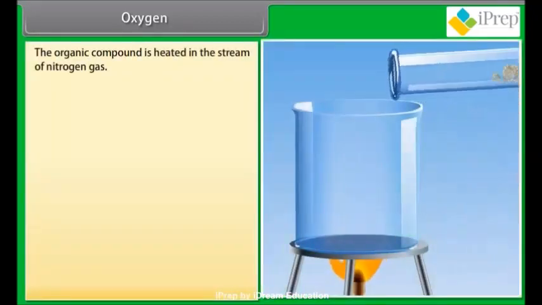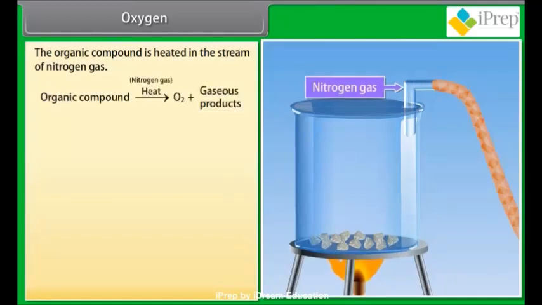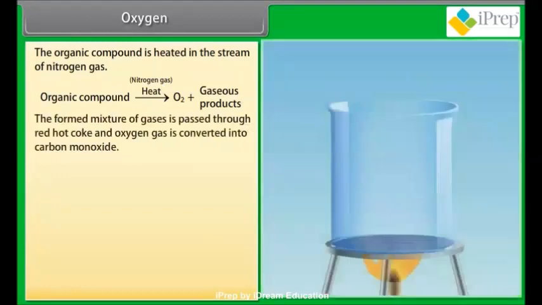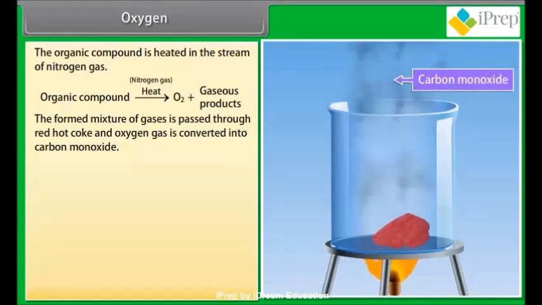The organic compound is heated in the stream of nitrogen gas. The formed mixture of gases is passed through red-hot coke and oxygen gas is converted into carbon monoxide.